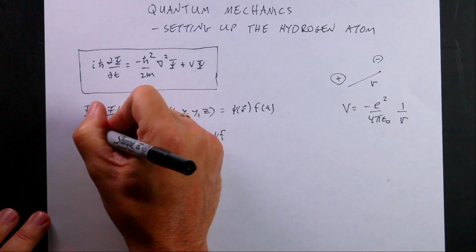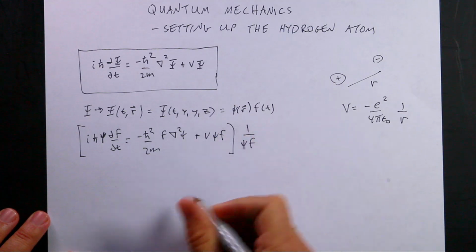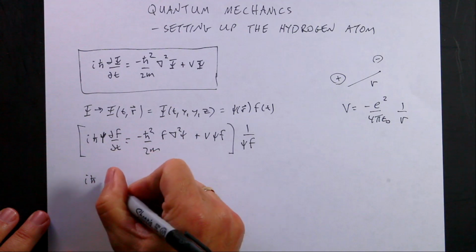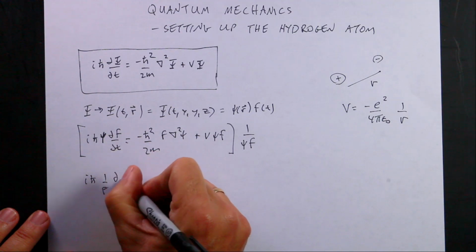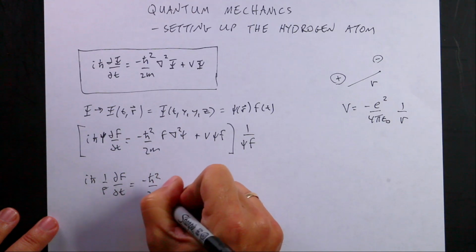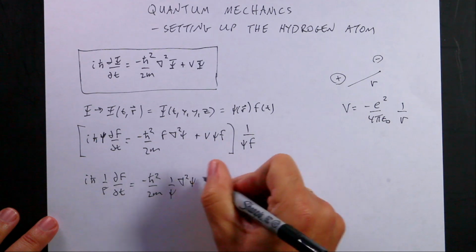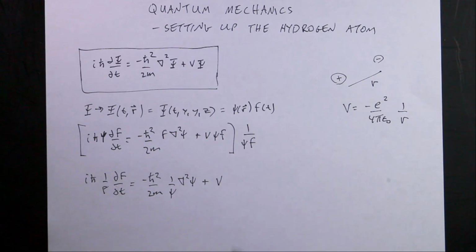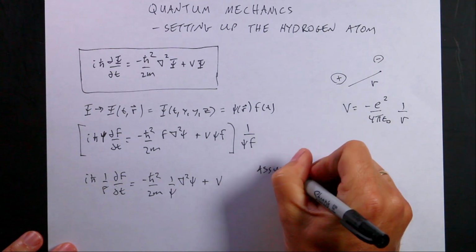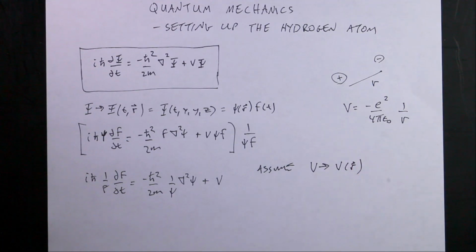Now the trick here is to multiply both sides by 1 over psi f, and if I do that, this is going to cancel. I get i h bar 1 over f partial of f with respect to t equals negative h bar squared over 2m 1 over psi del squared psi plus v. Now, if I make the assumption that v only depends on r, it does not depend on time.